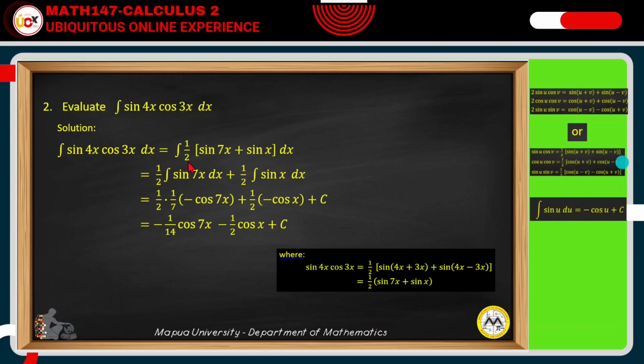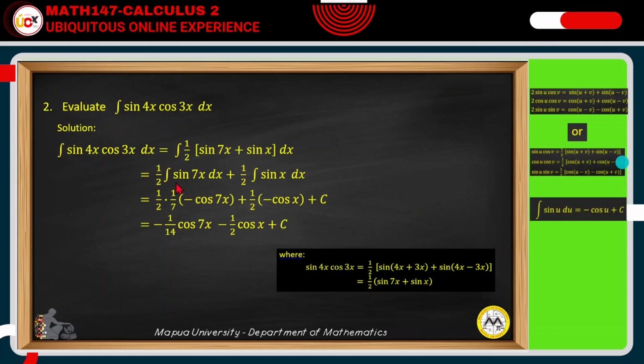Then we apply the distributive property. We distribute this constant 1/2 and the integral sign and dx to each of these terms. So we get 1/2 times the integral of sine 7x dx plus 1/2 times the integral of sine x dx.